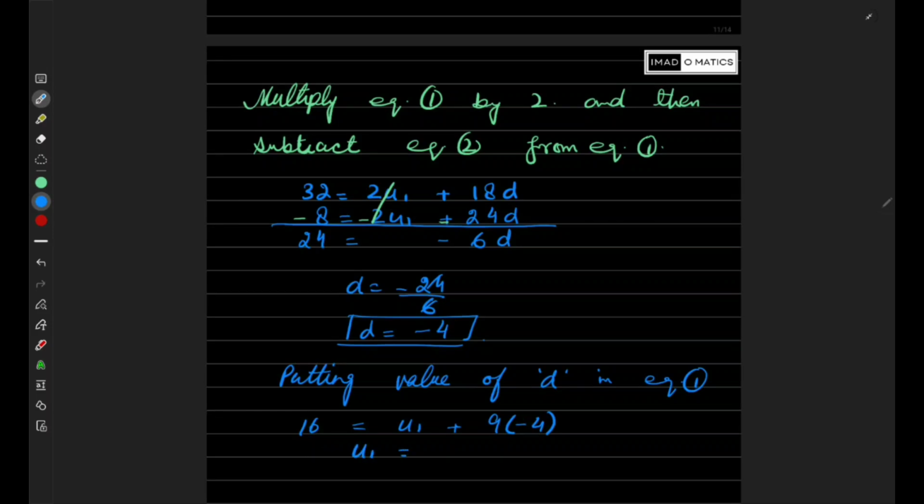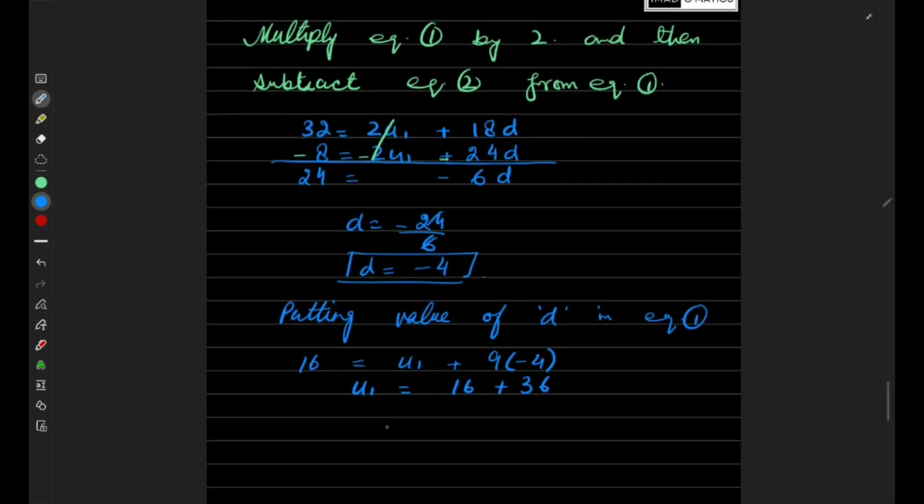So U1 is equal to 16 plus 9 times 4, which is 36. We have the value of U1 as 52.